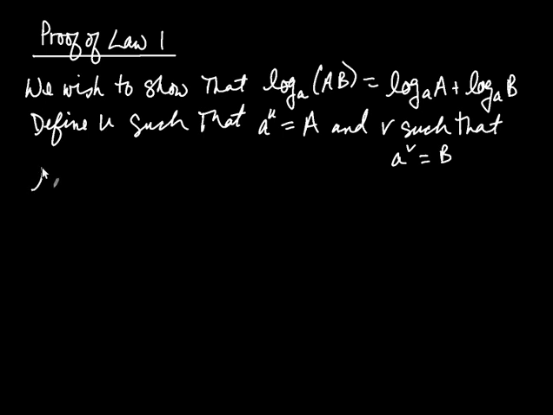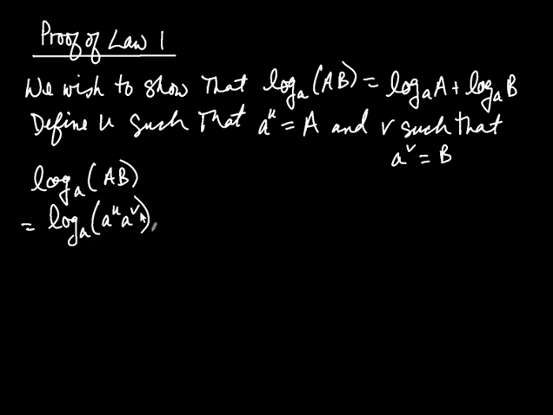So that means, using those definitions, that the log base a of the product AB is equal to log base a. Okay, and big A we're going to write as a raised to the u, and big B we're going to write as little a raised to the v. So now, the reason that's useful is because it allows us to make use of the properties of exponents.